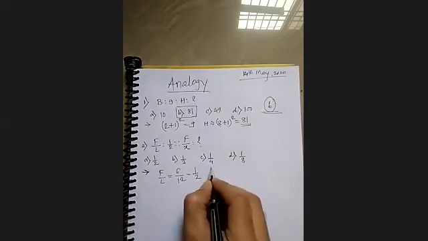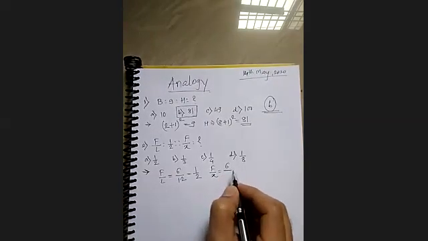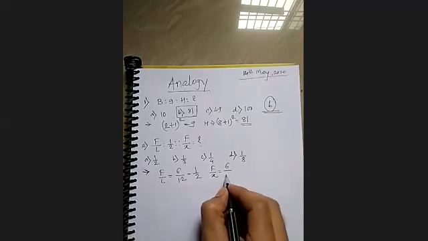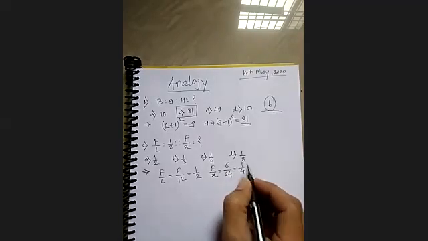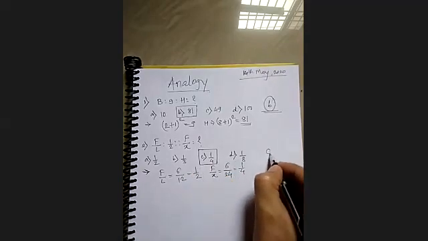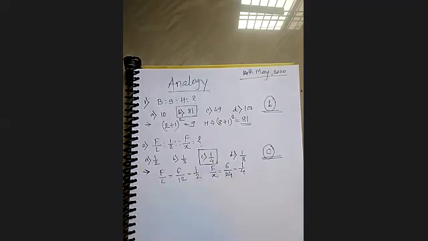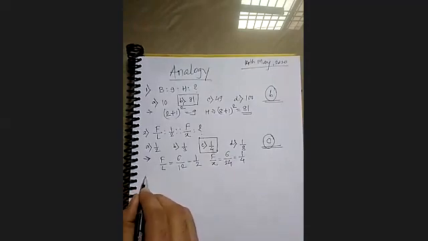Likewise again F and X. F is having 6 and X is having 24, so it will be 1 by 4, and therefore option C, 1 by 4, is the answer. Fine. I guess everyone is conveniently understanding it.